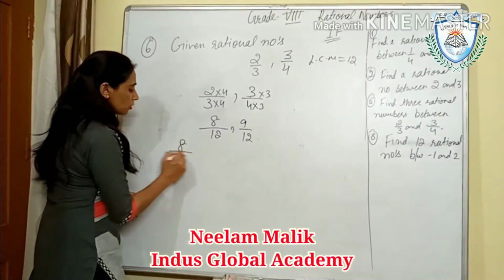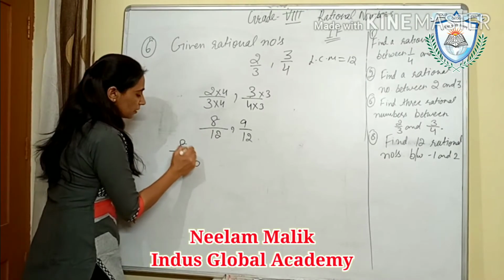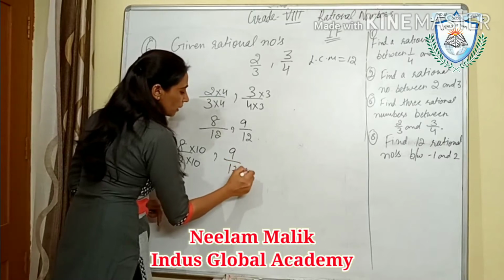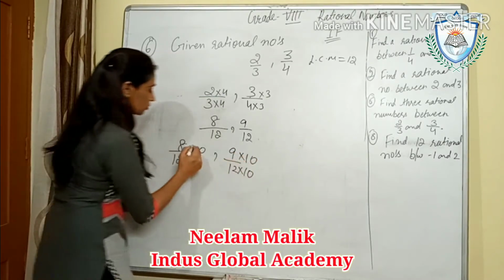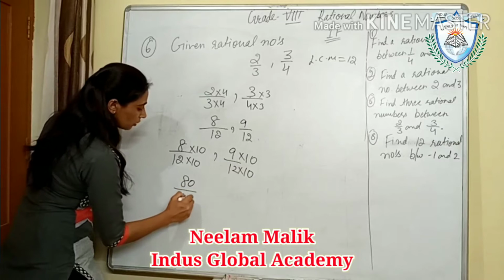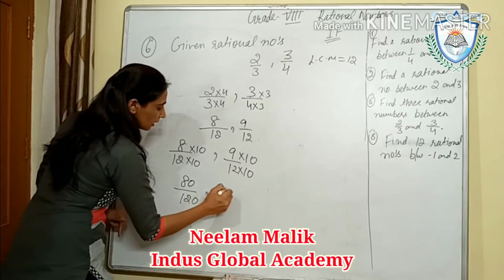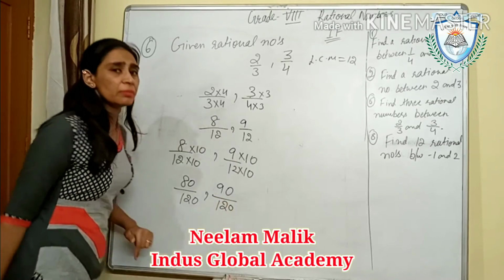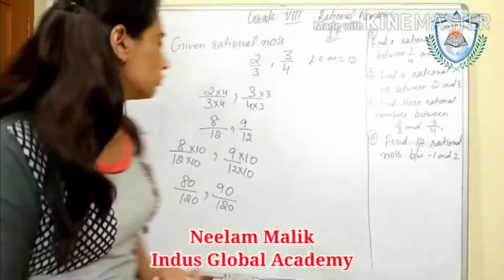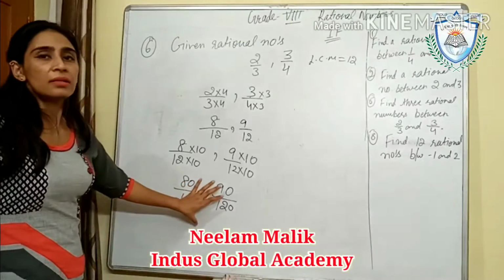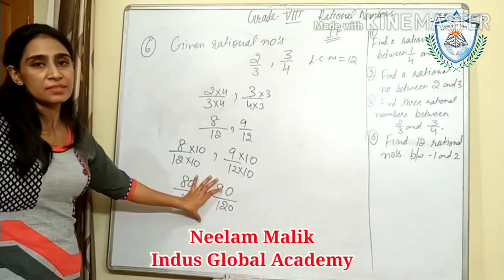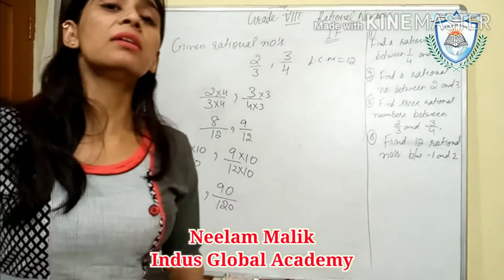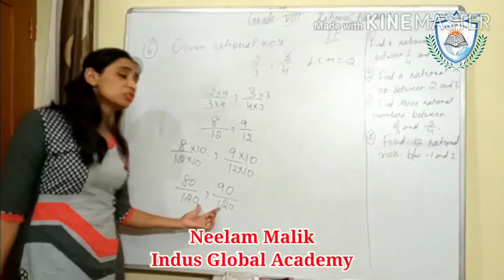So 8 upon 12 multiplied by 10 and 9 upon 12 multiplied by 10 gives 80 upon 120 and 90 upon 120. When we multiply with 10, we get 9 rational numbers between them. And when we multiply with 20, we get 19 rational numbers between them.